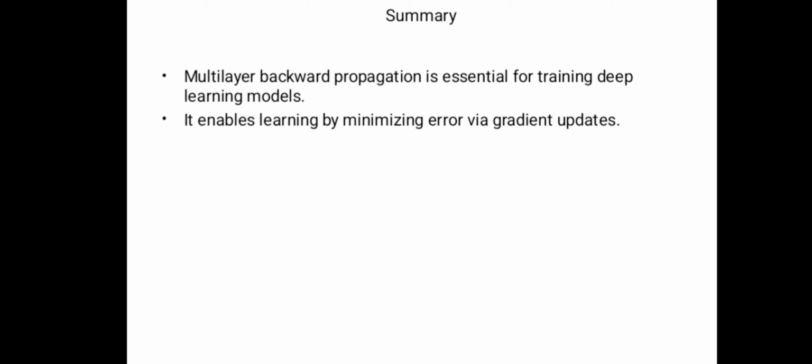The final result: a model that gets better and better at making accurate predictions, whether classifying images, translating text, or powering autonomous machines. Backward propagation is a foundational concept every AI enthusiast must understand.